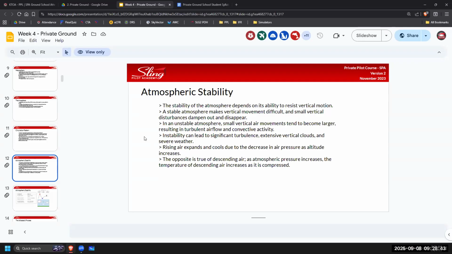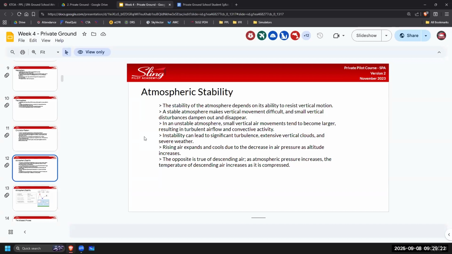So a stable atmosphere means that vertical movement is difficult, and an unstable atmosphere means vertical movements tend to be larger, and that results in convective activity and turbulent airflow. So that's exactly what they're saying. Instability leads to turbulence, excessive vertical clouds, severe weather, all that. So basic idea, a stable atmosphere resists vertical movement.